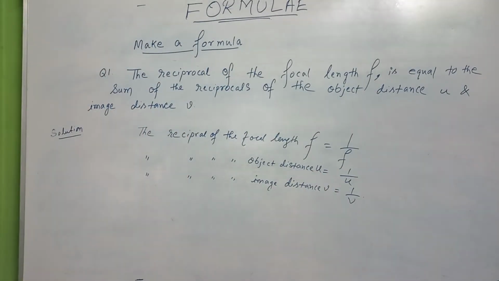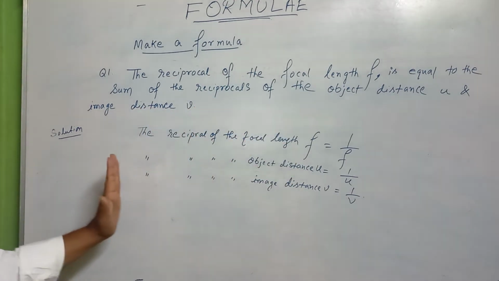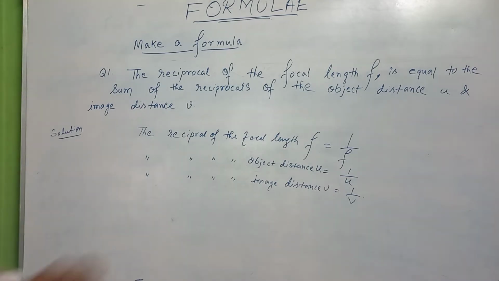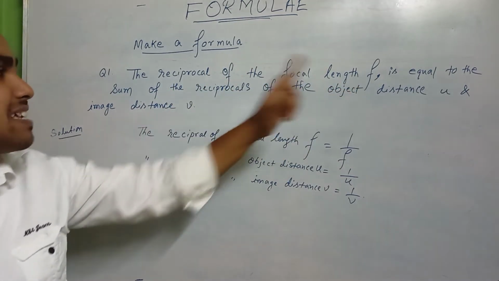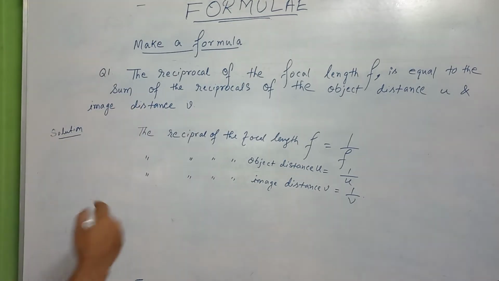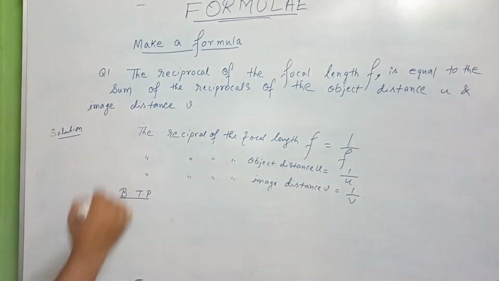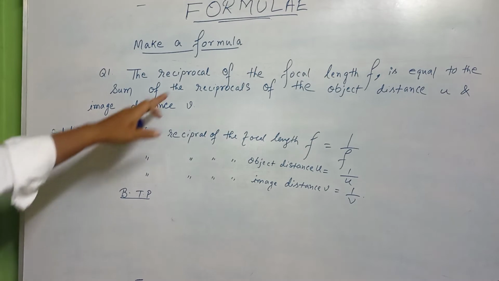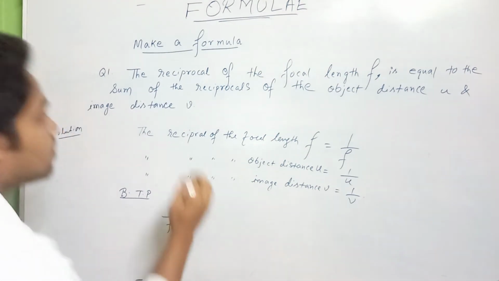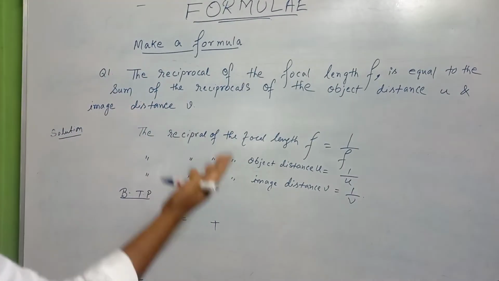So what to find out? We have to make a formula with these terms. So the reciprocal of the focal length f is equal to the sum, means plus. So by the problem, the reciprocal of the focal length f, that means 1 by f equal to the sum, means addition. Sum of what?